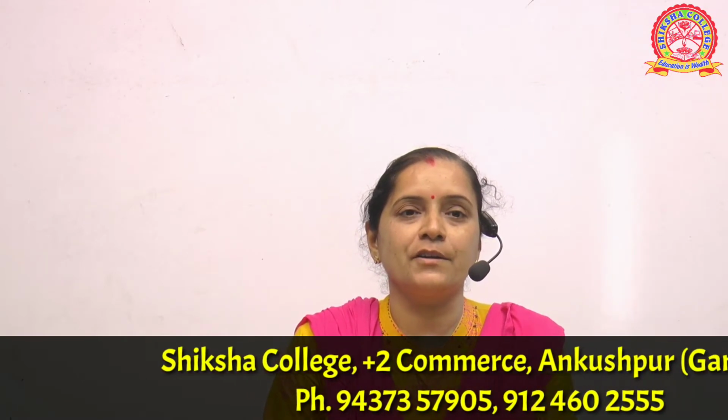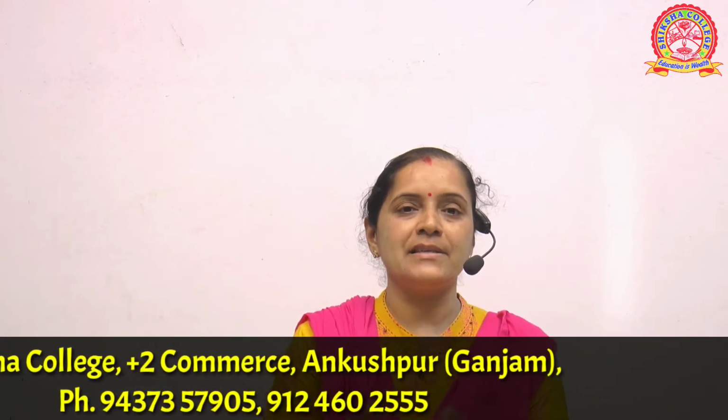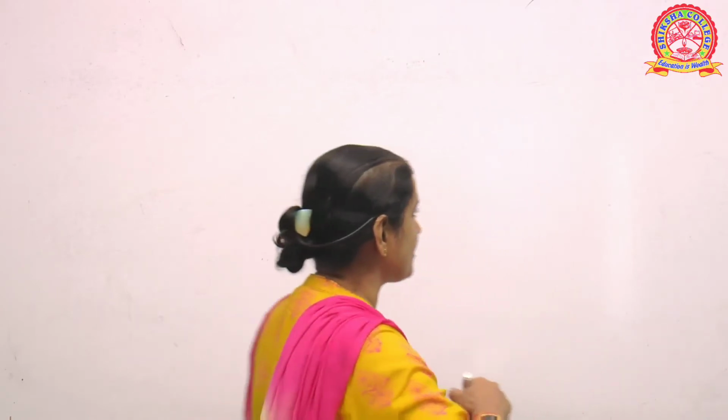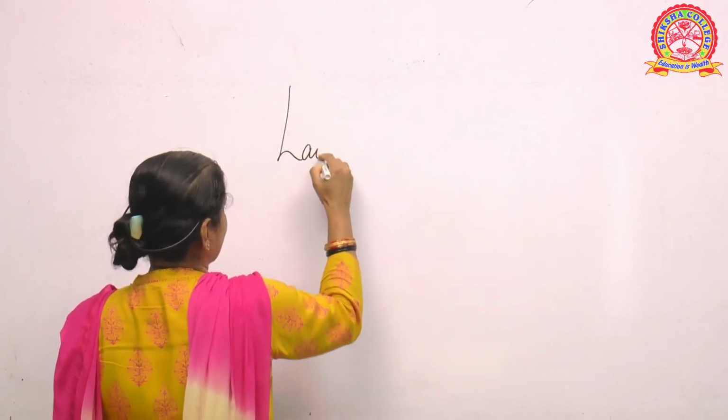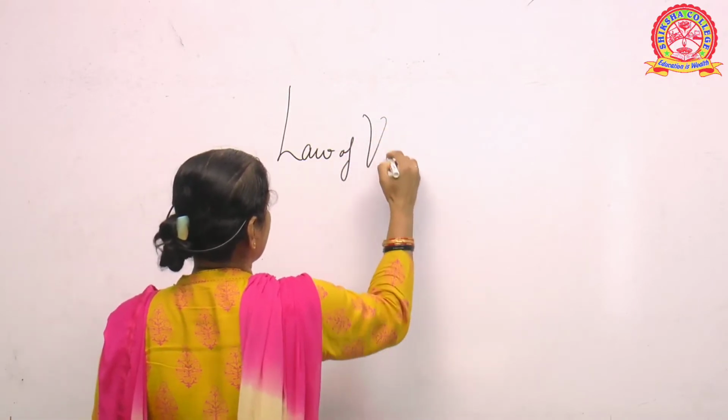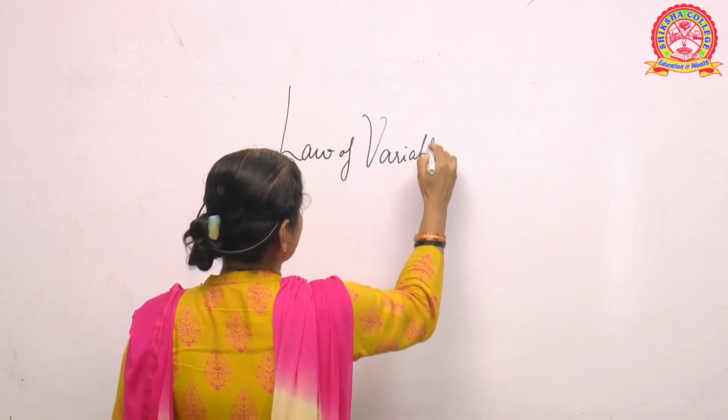Today we are going to continue with our last session and we'll start with a new topic today, that is your next chapter, that is cost. But before I start with the new topic, I'll just give you a little bit of a refresh of what we have discussed in the last two classes. The last two classes we have been discussing two important laws: one is the law of variable proportion and the other is the law of returns to scale. I'll brush you up, then we'll move further.